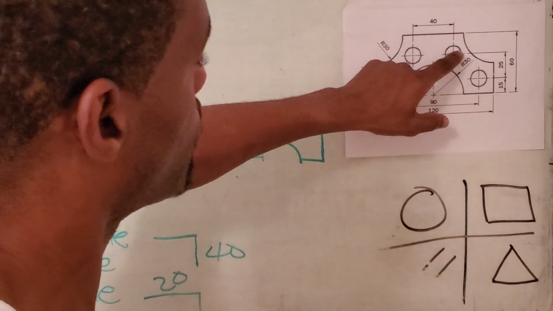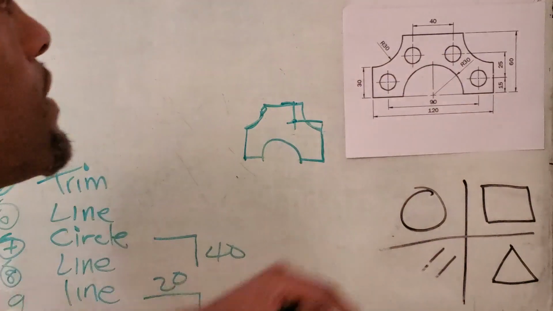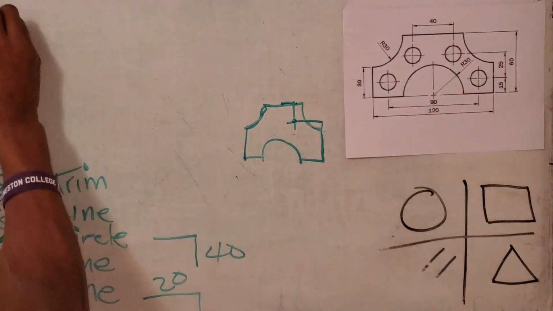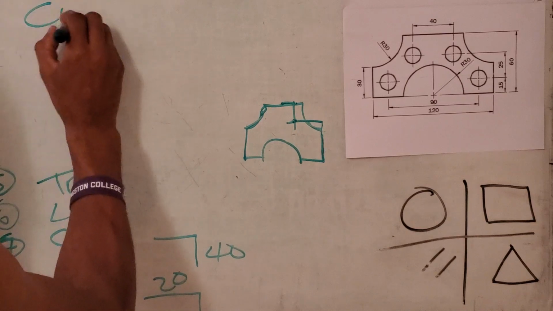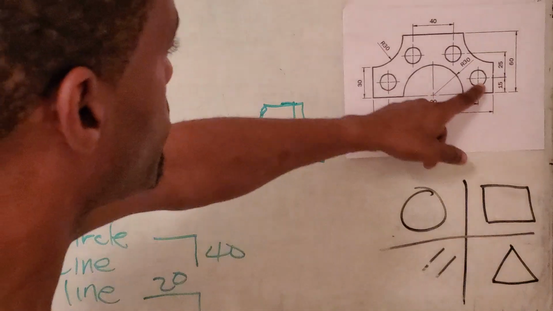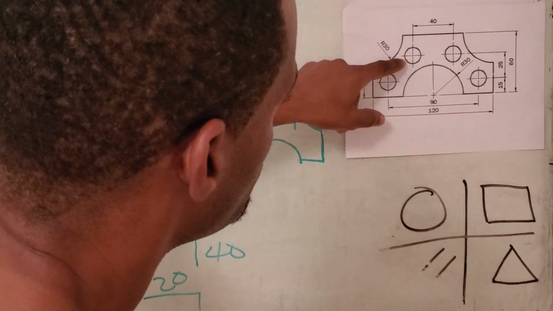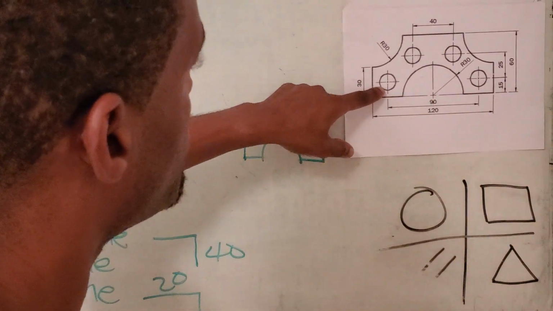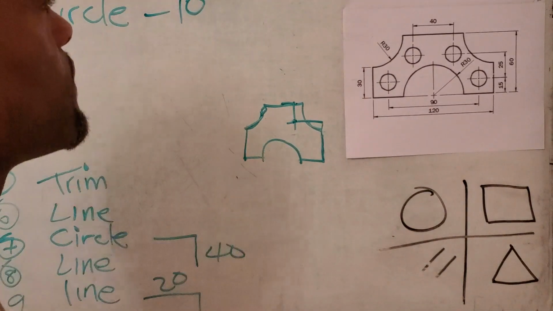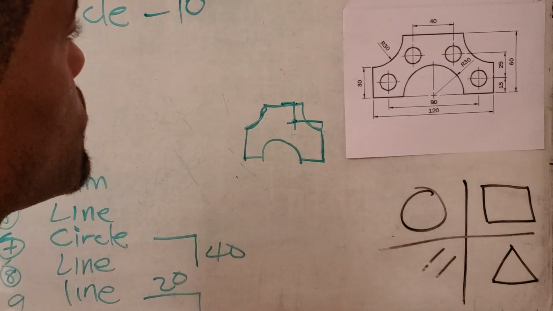So once we have established the center, the next step is to draw a circle here. Circle of radius, I think this is radius 10. Circle radius 10.